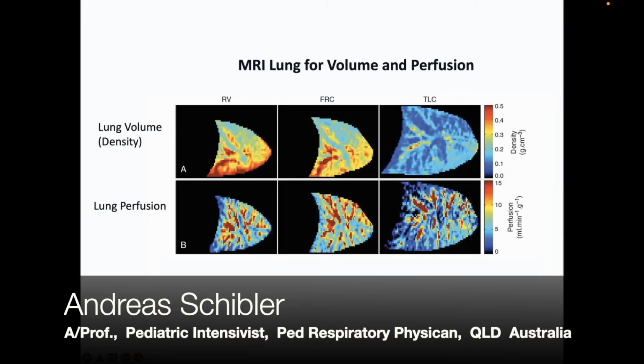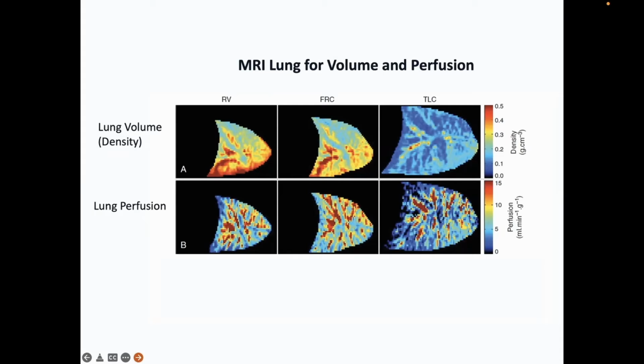If you look now at the upper panel, that's an inspiration from residual volume FRC to TLC, and blue means better aeration, and red means more so-called collapsed or less aerated or denser lung tissue.